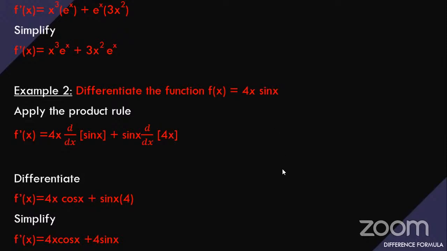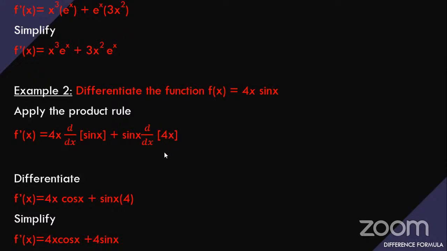If we consider another example, when we differentiate the function f of x equals 4x sine x, and we want to apply the product rule on this function. Now we can see that we have 4x sine x. So if we apply product rule, what we are going to have is 4x d dx sine x plus sine x d dx times 4x.